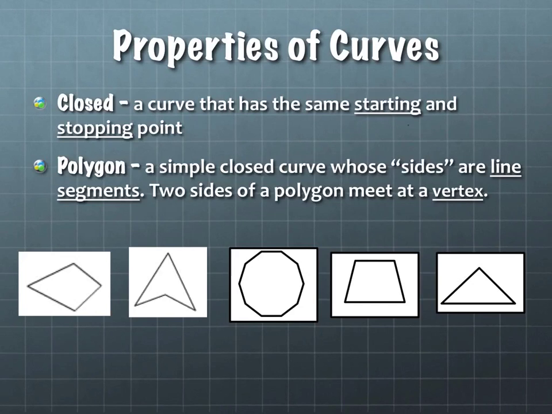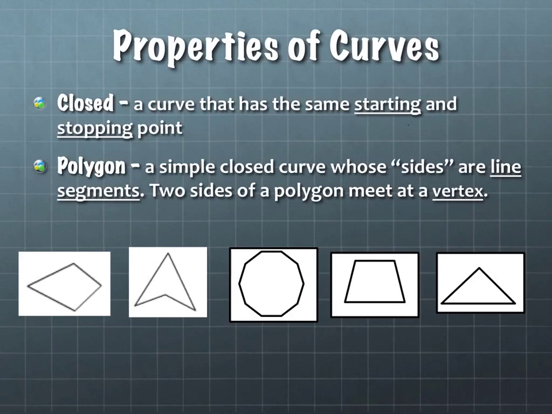So now I can't have any curved sides, right? This is a curve, but none of the shapes have curvature on the sides. They're all flat because they're all line segments. And these are all different polygons because they all have these features, every single one of them. And they all have different names, and we're going to go through some of the names of these later. The names of polygons are dependent upon how many sides they have.